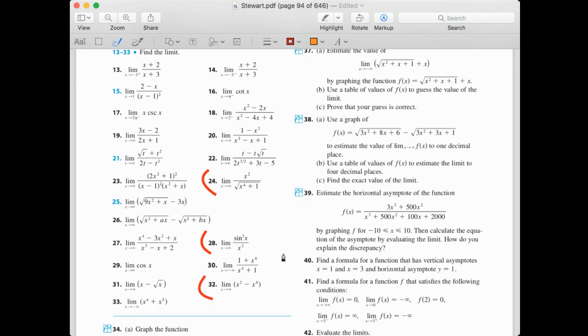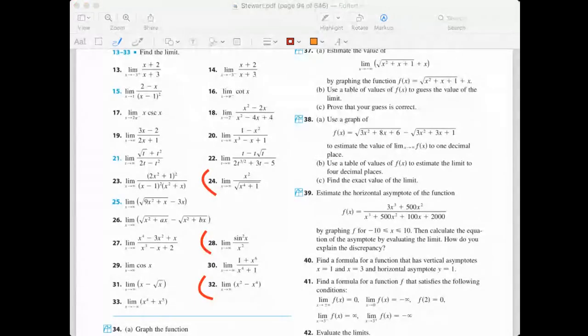Yeah, I don't have a cotangent graph here, but let me do this. Let me show you guys the cotangent graph. So I use Desmos to graph. So f of x equals cotangent x.